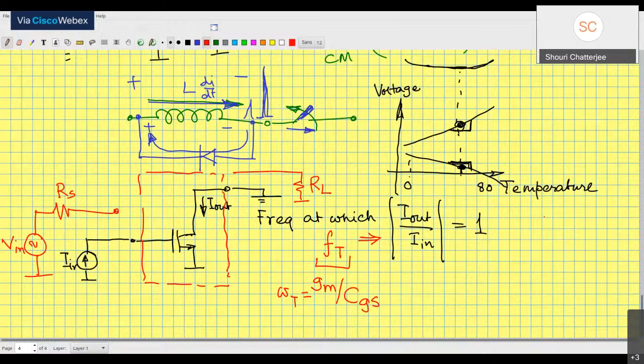So if the output contains signal coming from the input, then that is good. If the output contains signal that is coming from elsewhere, for example from the power supply, then that is just bad.